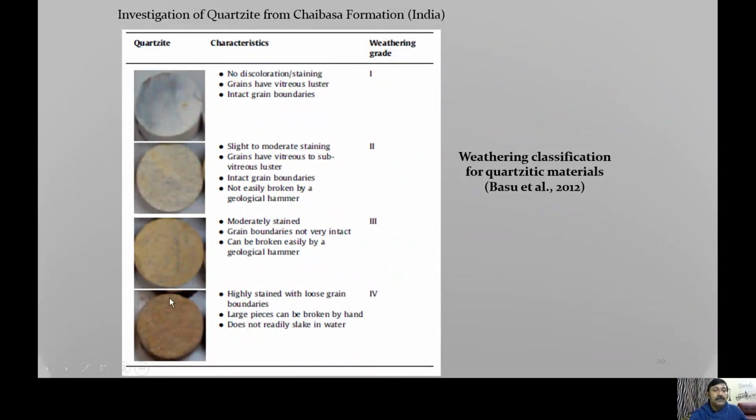These are the macroscopic pictures, and these are the characteristics, and as we can see, with the help of these characteristics, which is in compliance with the six-fold weathering classification that we talked about before, the weathering grades of quartzite rock materials can be discriminated very well. Okay, so that is weathering grade 1 to weathering grade 4.